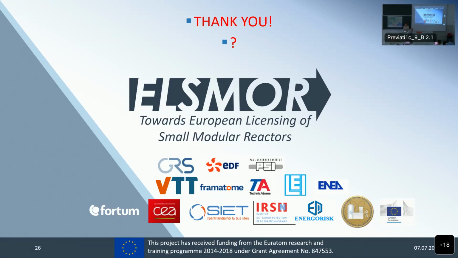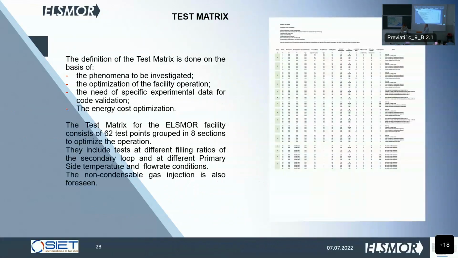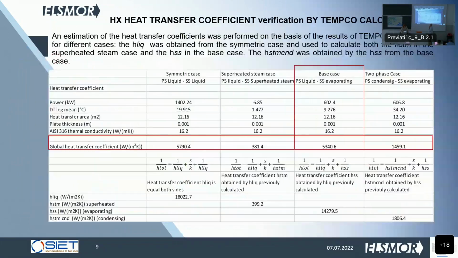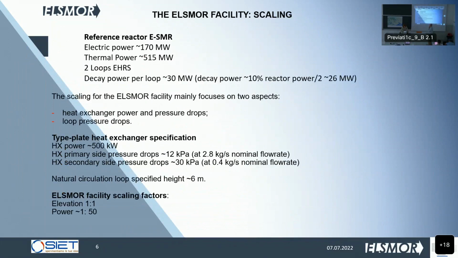When one is too big, we can stay 1 to 1 in the height. But from the point of view of power and volume, if we went 1 to 1, we should have about 30 megawatts of power available to do the test.